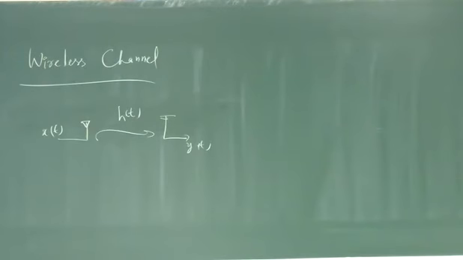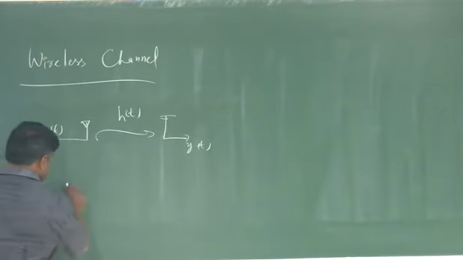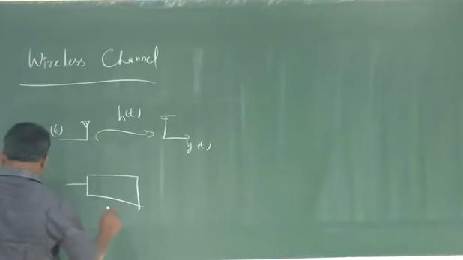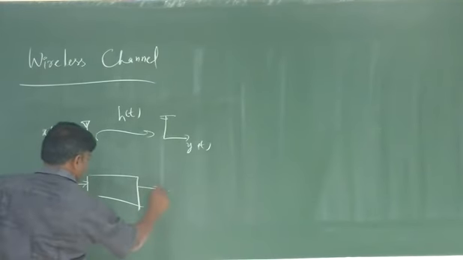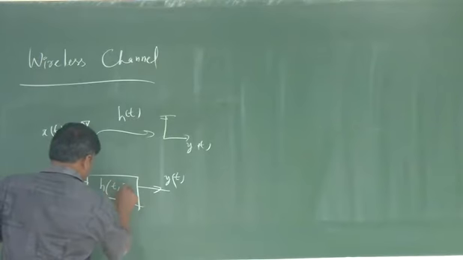So in other words, we can rewrite this as: input x of t, output y of t, and then we have a channel h of t comma tau.